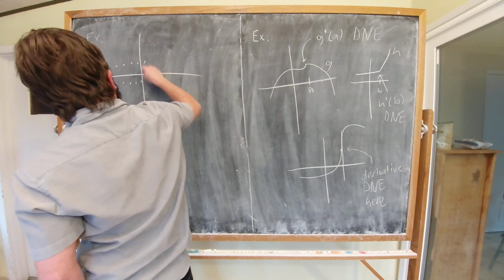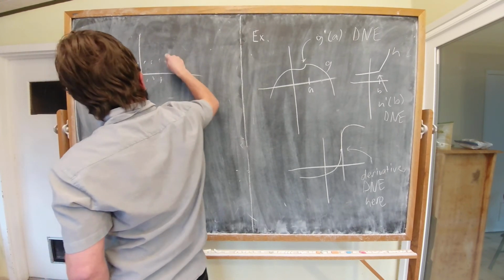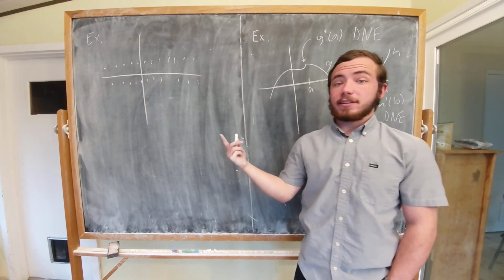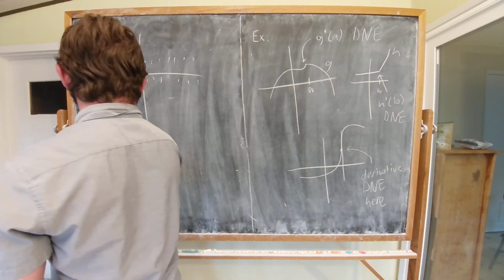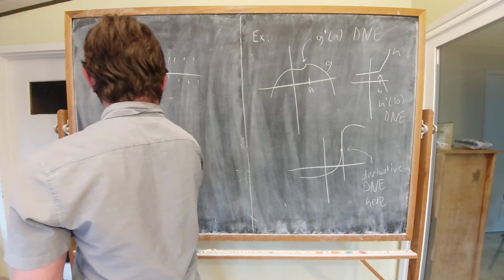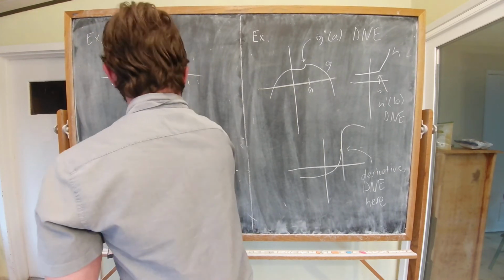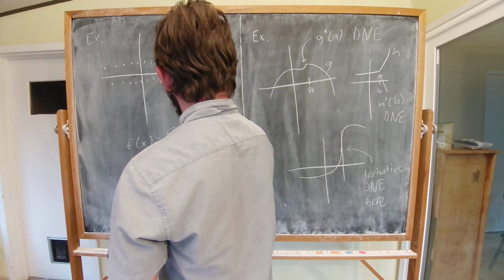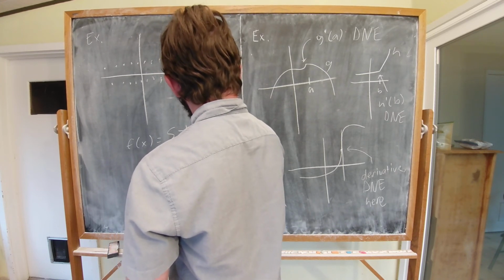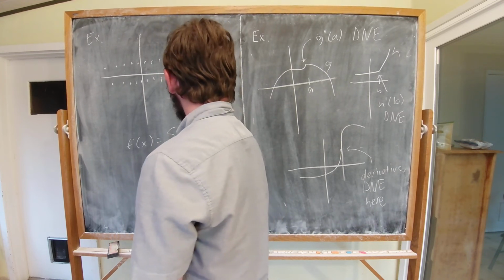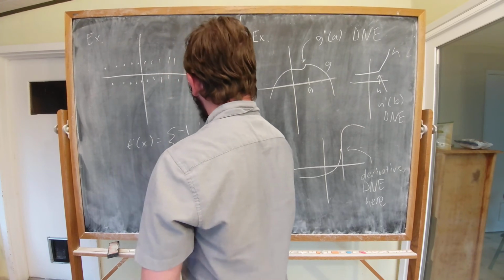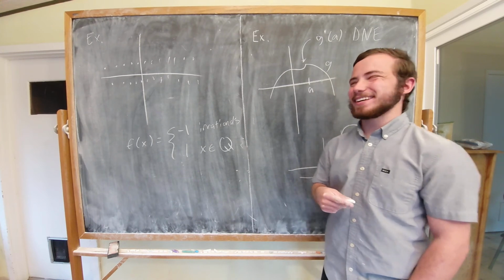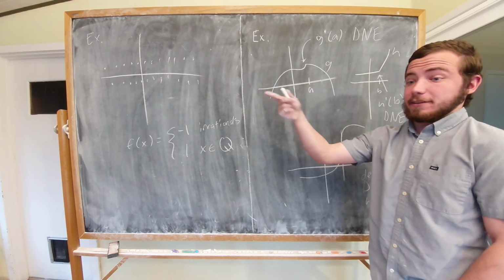And it's a bunch of scattered dots, so on and so forth. The typical choice is maybe f of x, which is -1 on irrationals and 1 for all rational numbers. That's what I have loosely depicted there. That function wouldn't be differentiable anywhere.